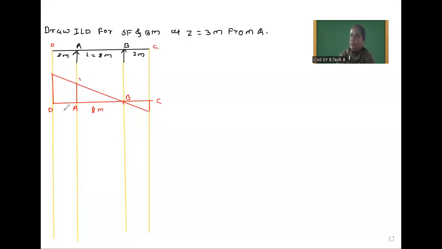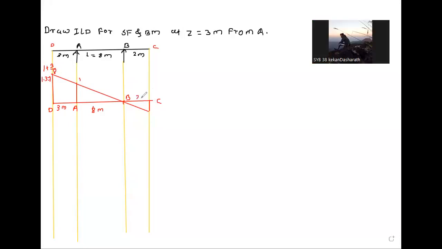So how will we find it? This is 3 meter. So this is 1 plus a divided by L, that is 1 plus 3 divided by 8. So you calculate and tell me how much? 1.375.